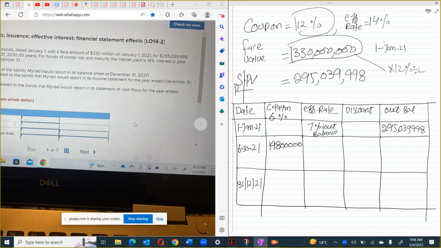So the interest expense will be 719,627 times 2.5%. So this is 17,991.